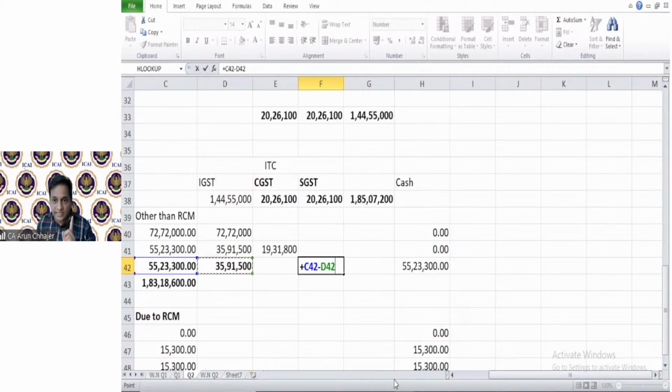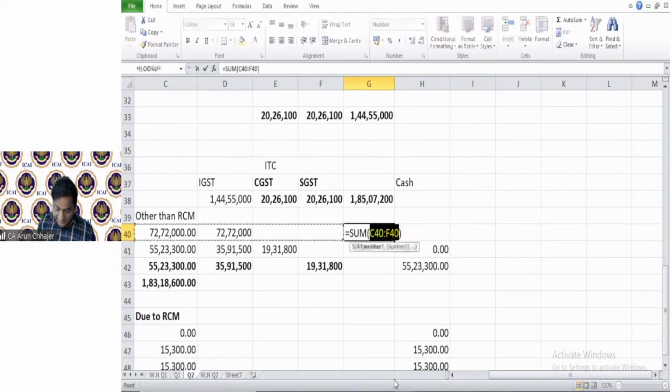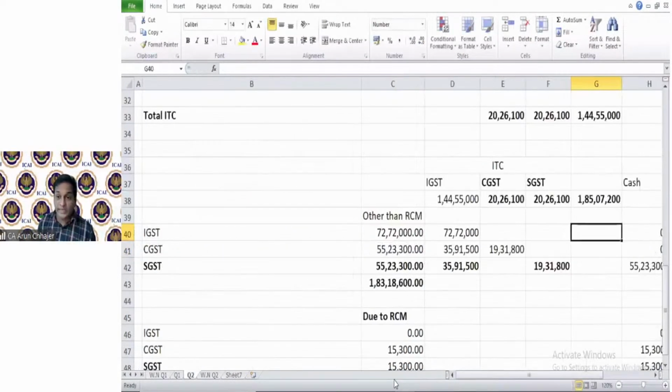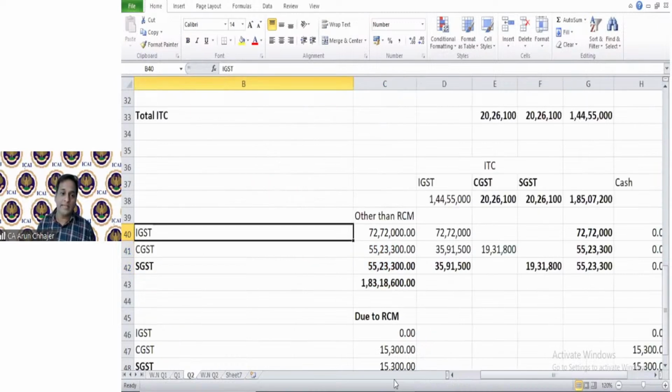They have taken 35.91500. The balance amount will be taken from SGST. But what happened by this? The entire liability has been utilized from input tax credit itself, nothing to be paid in cash.